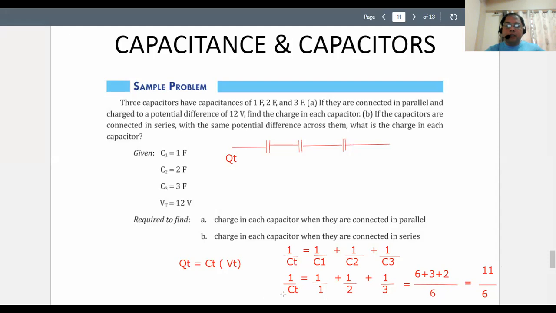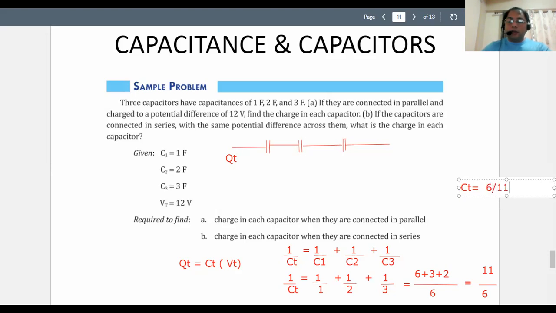Now getting the total capacitance is not yet answering the question. 11 over 6 is not yet the answer for the total capacitance. So how do you get the value of the total capacitance C sub T? If 1 over C sub T is 11 over 6, then you get the reciprocal, or say C sub T over 1, which is 6 divided by 11.